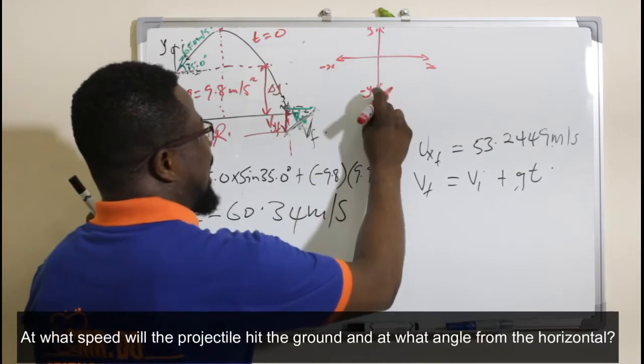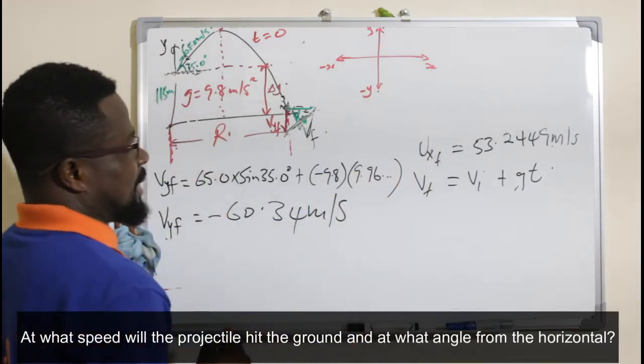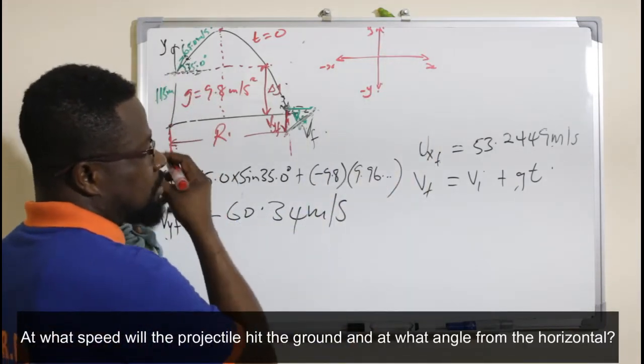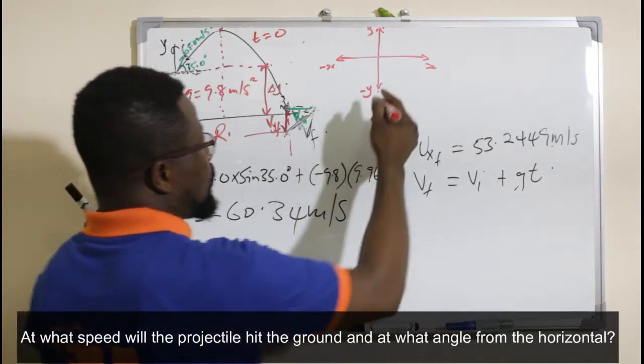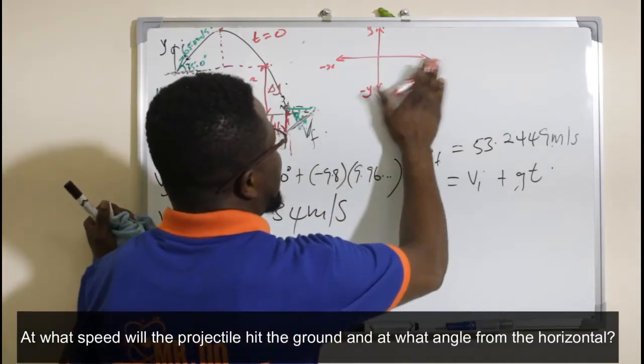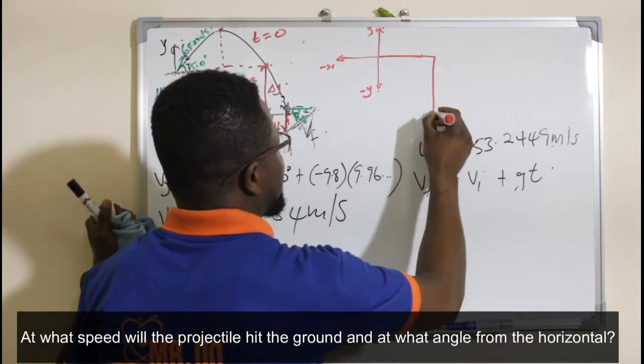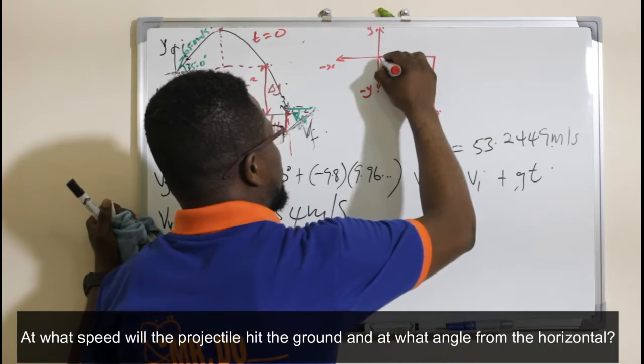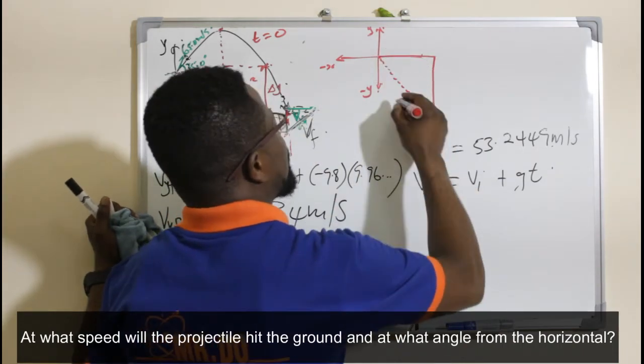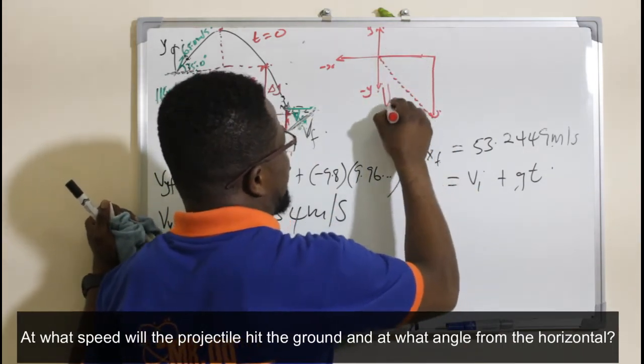So the y is here, and then our x is there, and we are going to then quickly find that value. So I'm going to draw it, and then my graph is just going to look something like this, and then we have it something like that. So what we want is this VF.